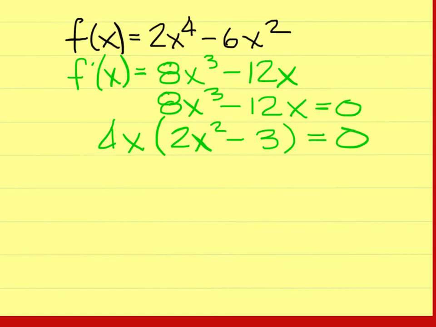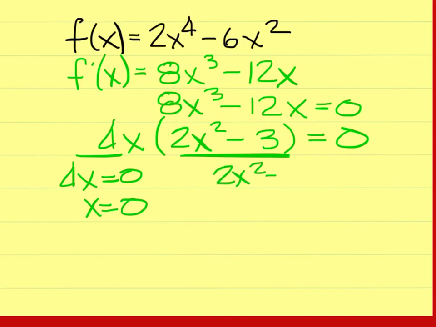And from there, set each one of these equal to 0. So 4x equals 0. Clearly, x is 0. And then on the other side, 2x squared minus 3 equals 0. Move the 3 to the right.